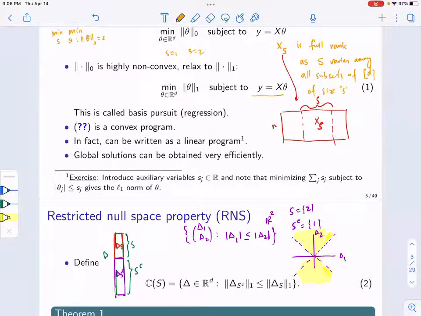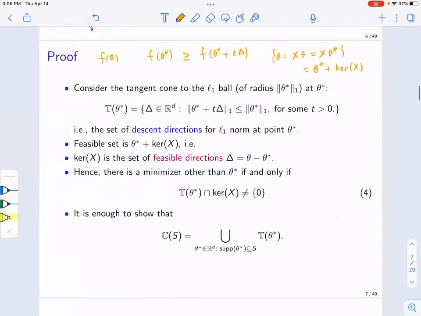What I'm trying to say is this. This is X theta star. The feasible region can be written as a shifted version of the kernel. And if you look at the kernel itself, because this is a feasible solution, if theta belongs to this, it's feasible.